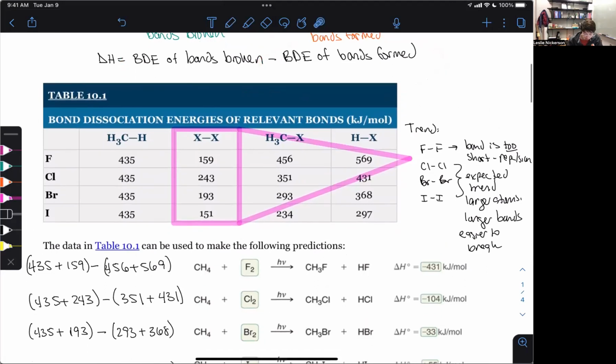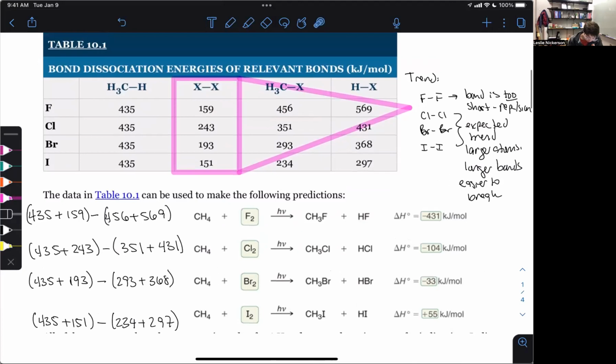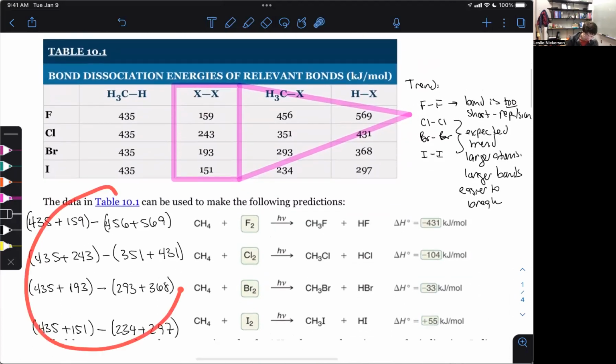So first off, for fluorine, we're looking at the C-H, so 435 for methane, and then the bond dissociation energy of fluorine, and both of these two numbers added up, and then the other two numbers added up, and then you subtract one from the other. So this is the math. You can go through it if you want, but I just put that in there so you can see where the numbers come from.